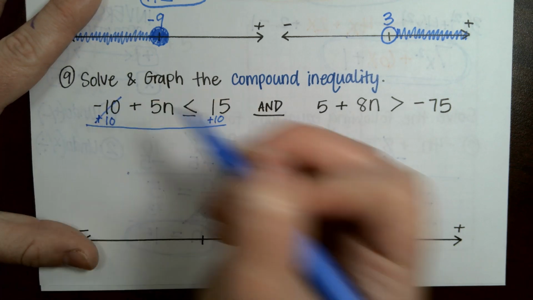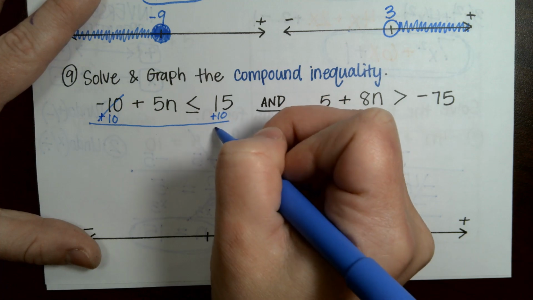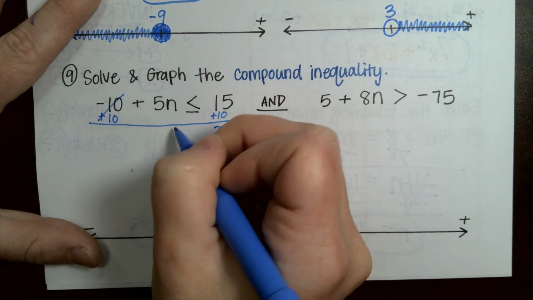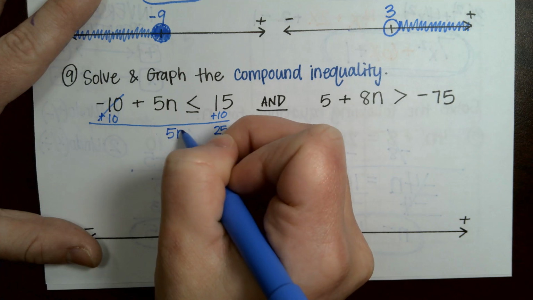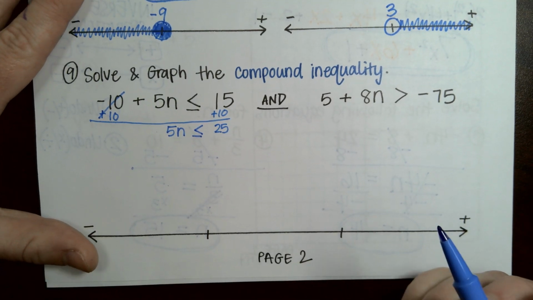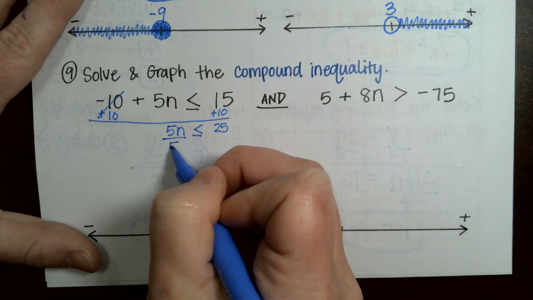So my 10s can cancel. Yeah, 15 plus 10 is 25. Bring everything else down. 5 times n is less than or equal to 25. Yep, now we just got to divide by 5.